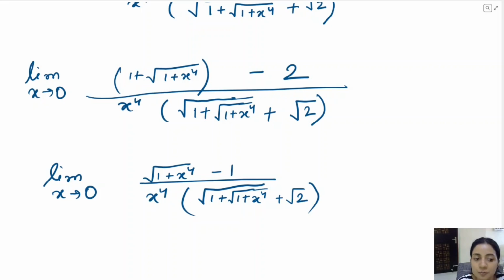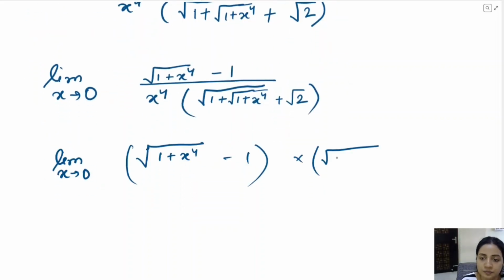Now if we substitute x as 0, still we will be getting 0 by 0. So one more time we need to repeat the same process. Again, can you see in the numerator a minus b structure is there? We can multiply numerator and denominator with a plus b, just like rationalization. Let's continue.